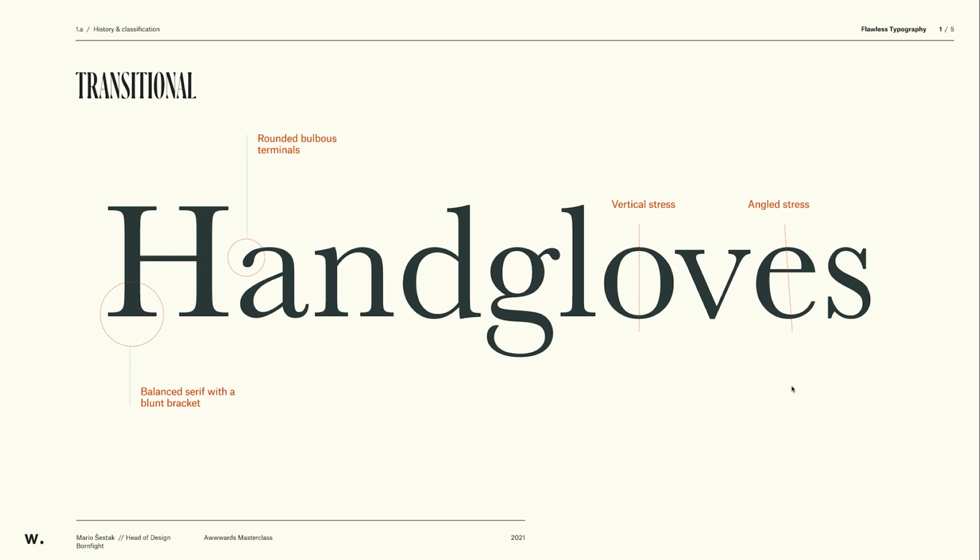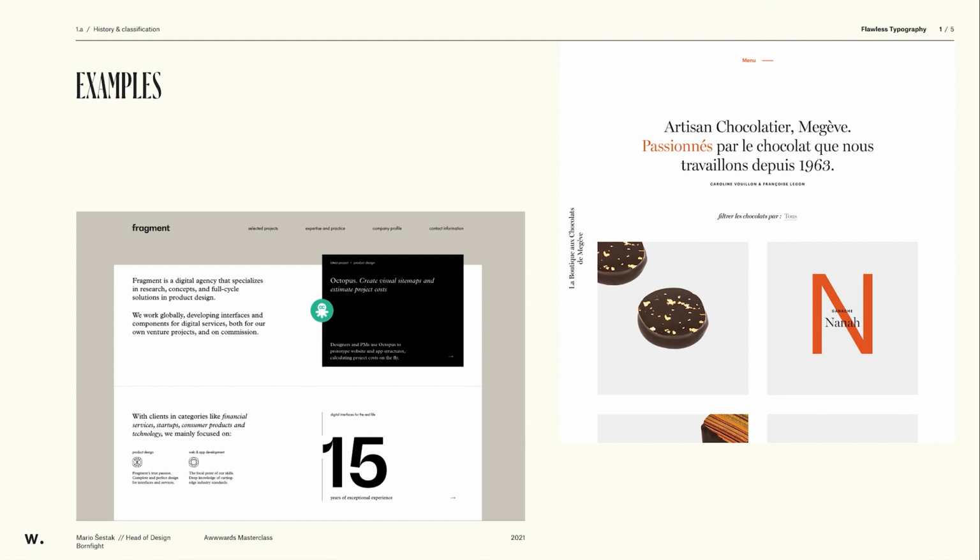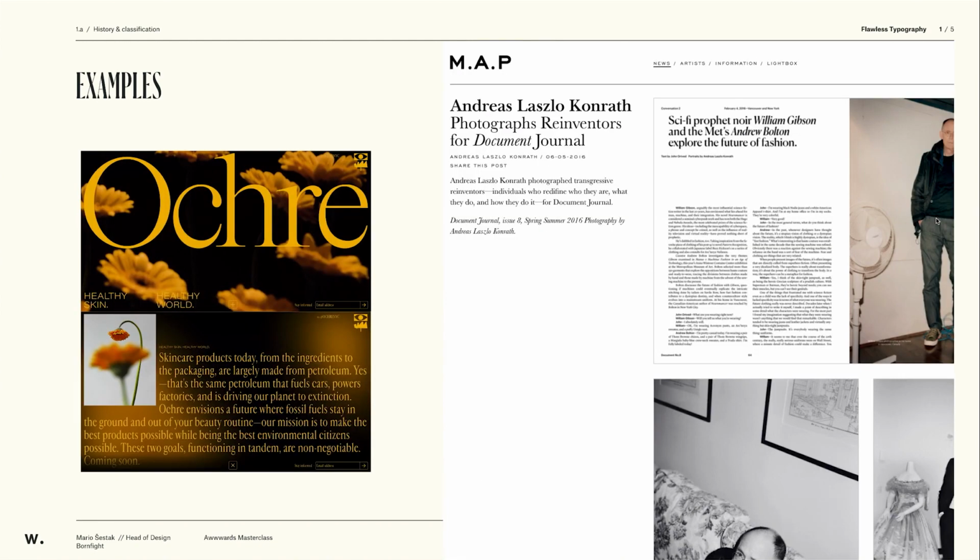It's like a combination of those two. Here are some type examples of those characteristics. You can see the contrast is moderate and the stress angle is varying. Let's check some examples of these transitional serif typefaces in use.